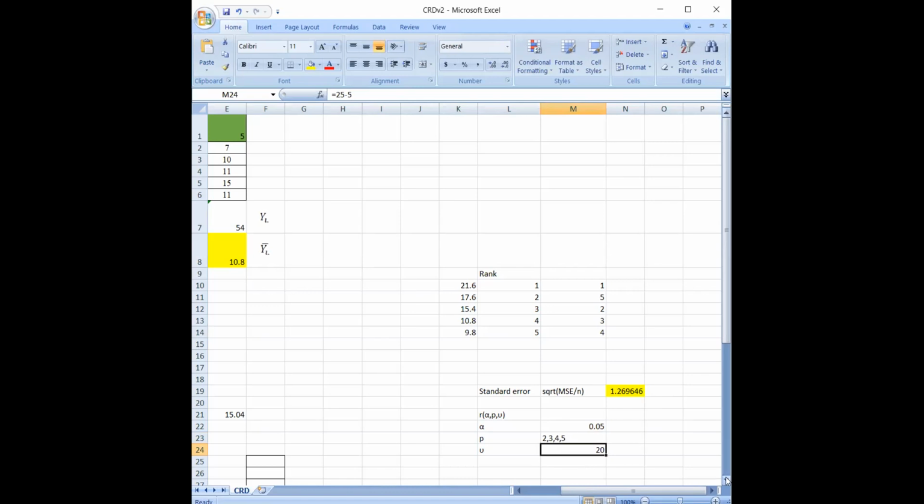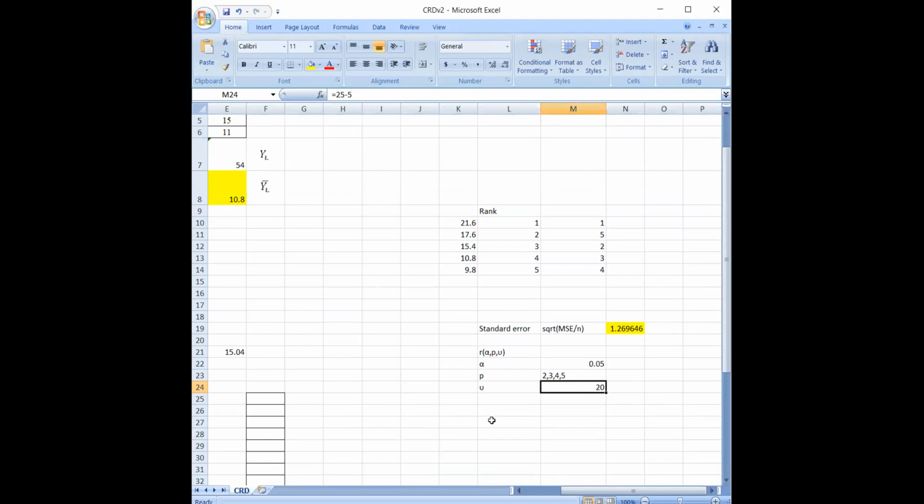After finding these values, we have to read the values from the table. We have to read the R value where alpha is 0.05, P is 2, and degrees of freedom is 20.